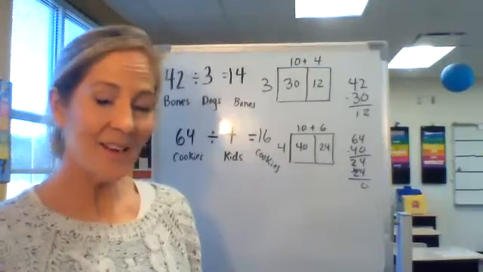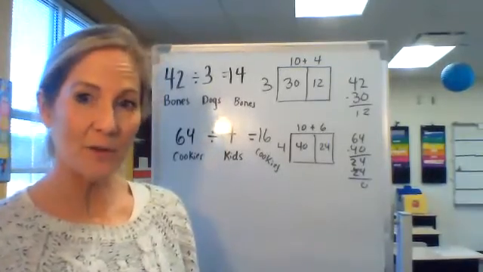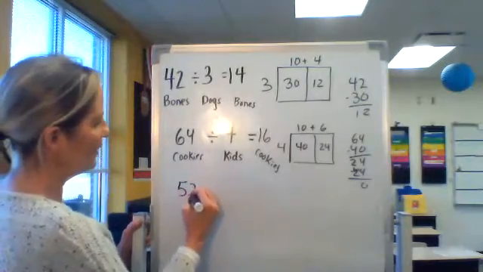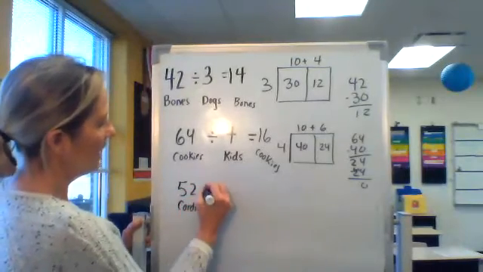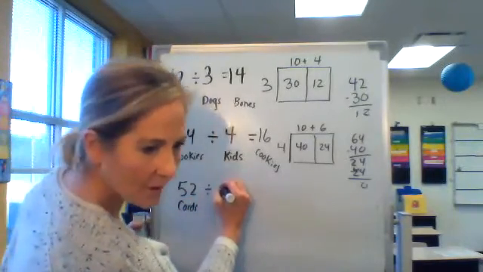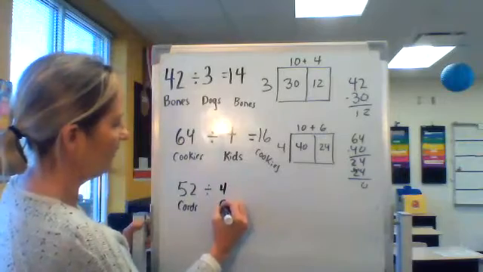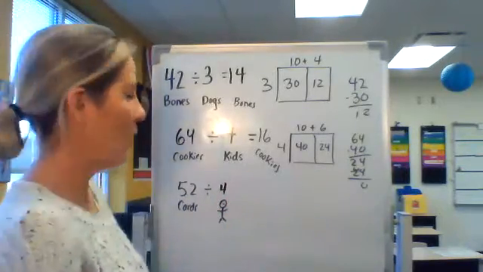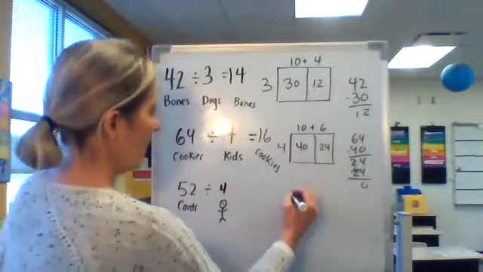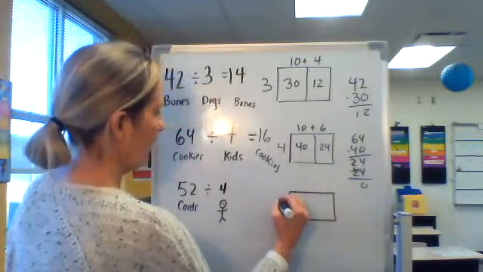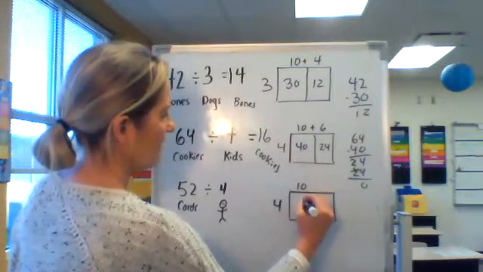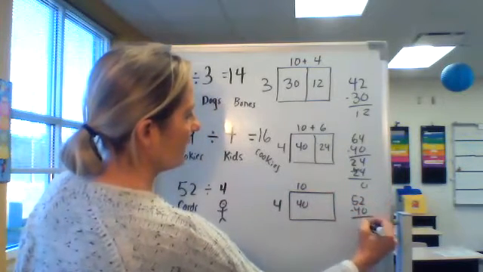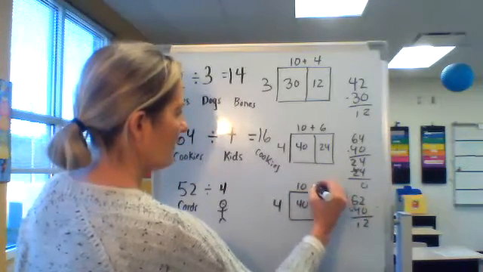Yikes. All right, the next one, 52 playing cards between 4 people. That sounds a little more reasonable, right? 52 cards divided among, was it 4 people? And if I want to draw a little stick figure, that's like a label too. I just have to know what that number represents. 52 divided by 4, I bet I already know what you're going to start with. 10. 52, take away 40, leaves me 12. 4 times 3 is 12.